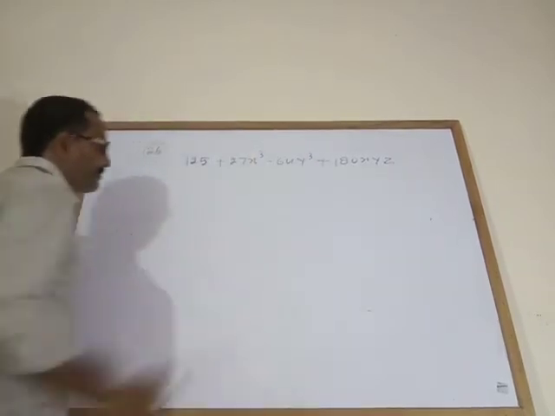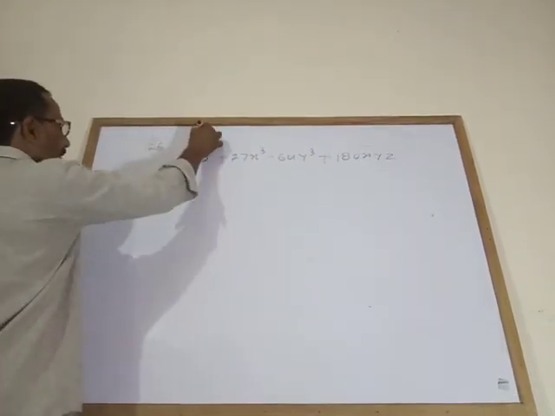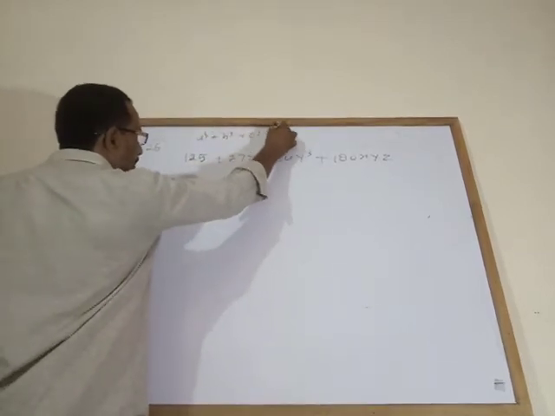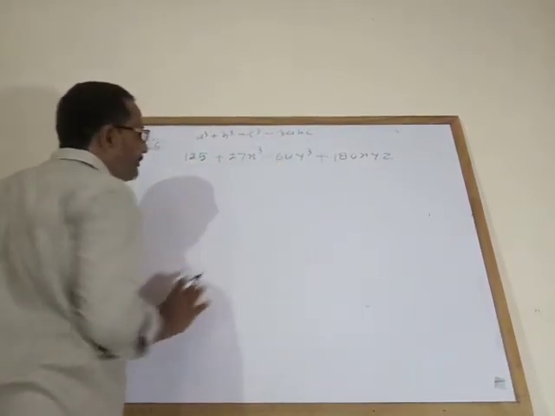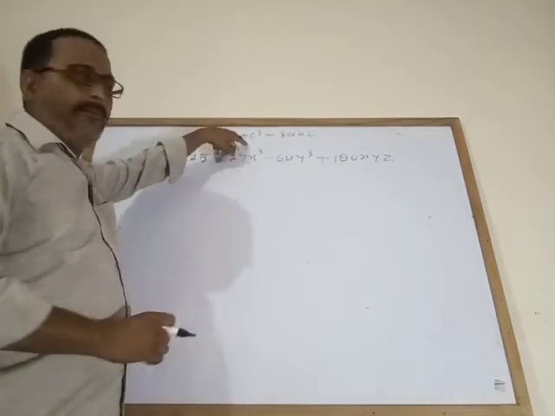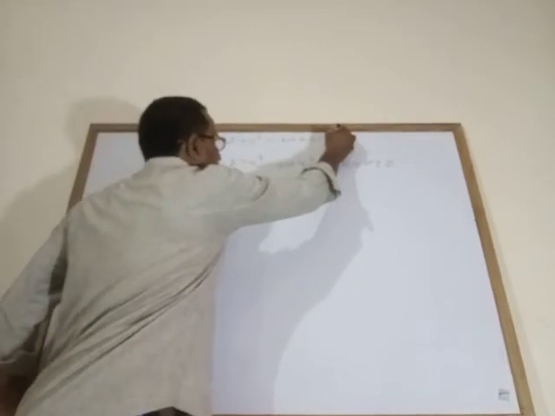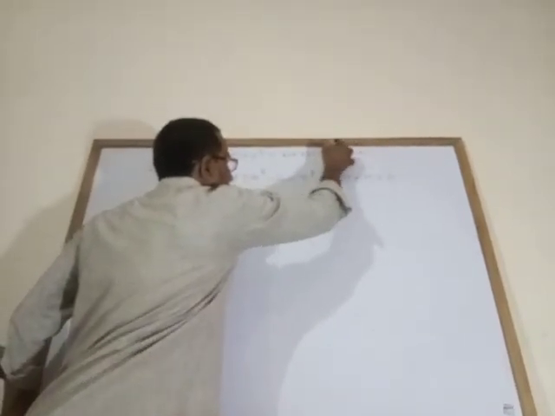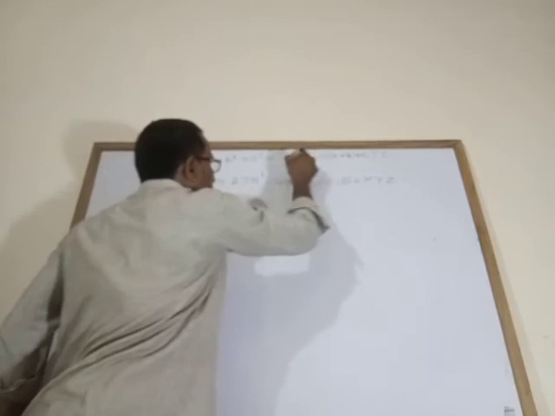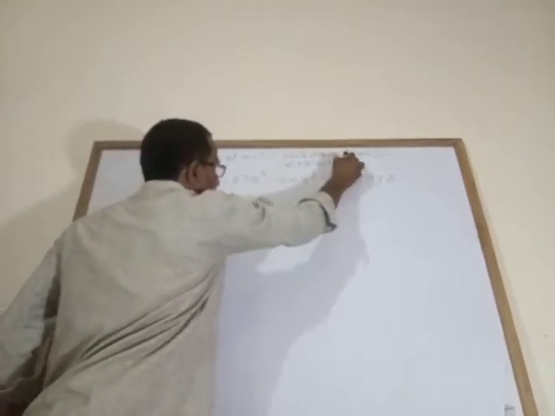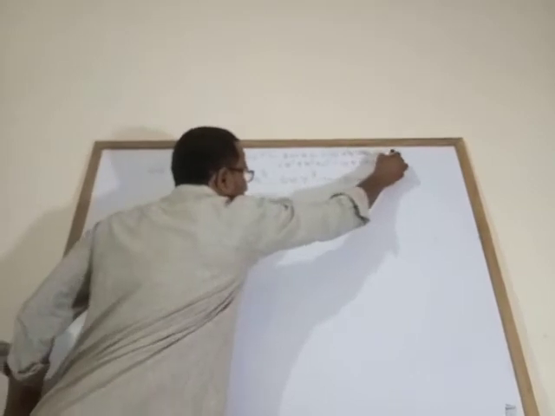See that this is in the form of a³ + b³ + c³ − 3abc. I am going to change this into this form because I can apply the formula (a + b + c)(a² + b² + c² − ab − bc − ca).